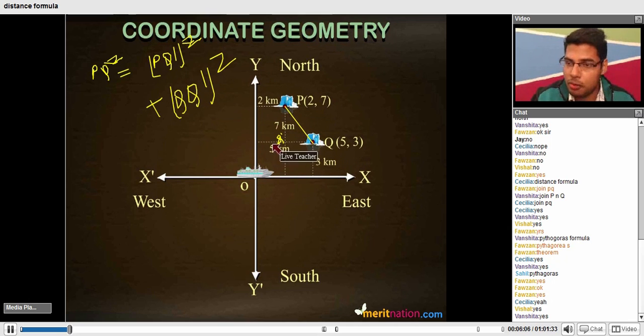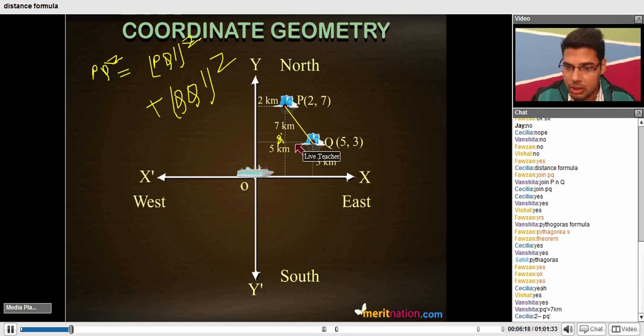Yes, can you make out from the figure? What is the value of PQ dash and QQ dash? Yes, anyone? So let us first of all talk about PQ dash. So PQ dash is 7 kilometer. So Vanshika, look at the figure. What is 7? 7 is basically the distance of point P from the x-axis.